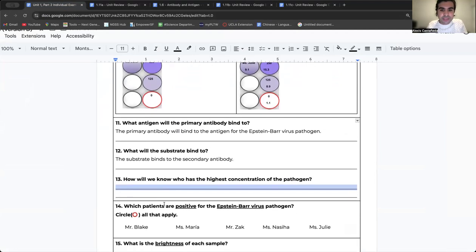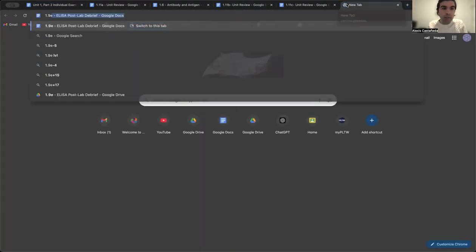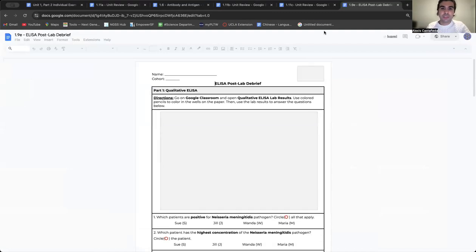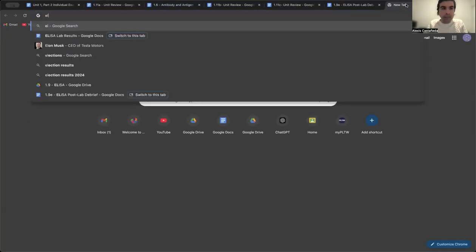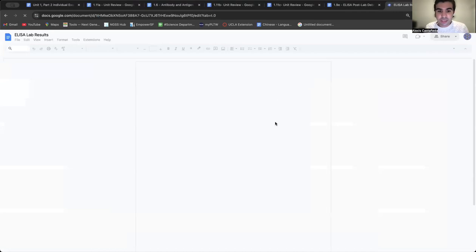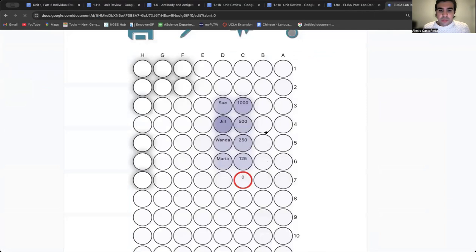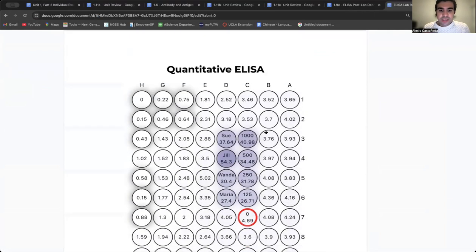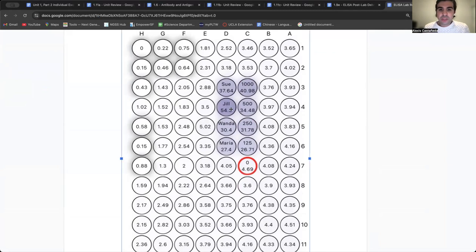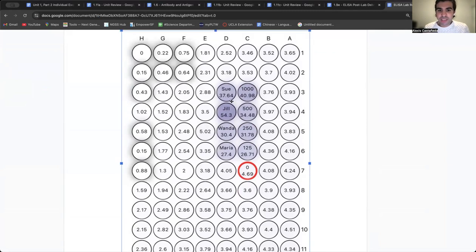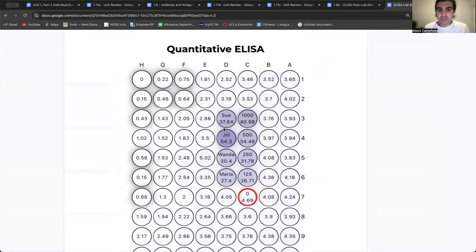Then how will we know who has the highest concentration of the pathogen? If we go over to 1.9E, the ELISA post-lab debrief, you can also look at the ELISA lab results that we looked at together. In these questions, we were trying to figure out who had the highest concentration of the pathogen, and what we found was that the sample that was the brightest belonged to the person who had the highest amount of the pathogen inside of them.